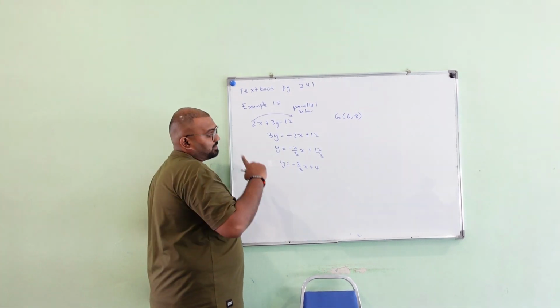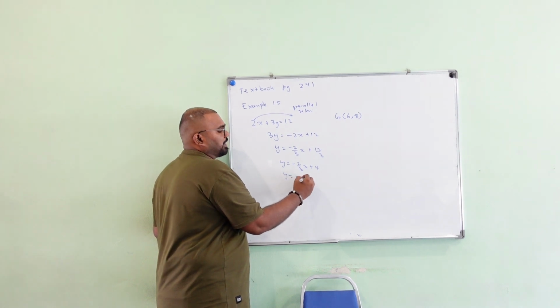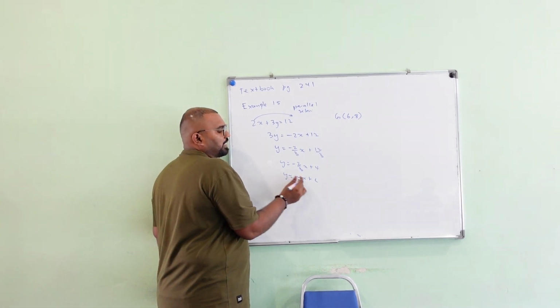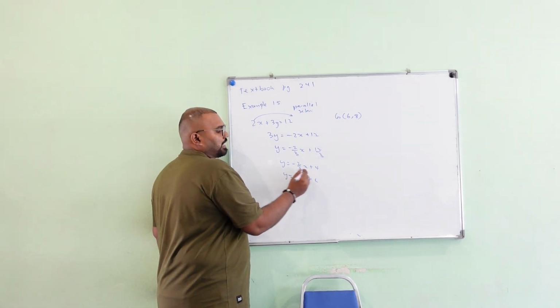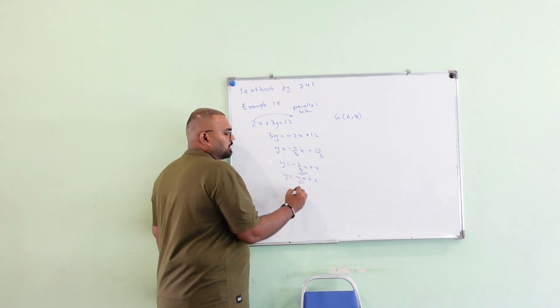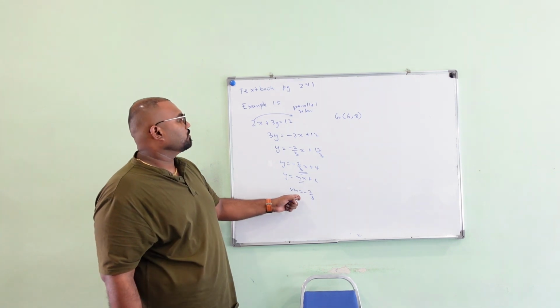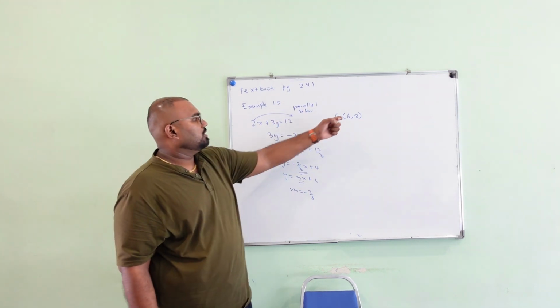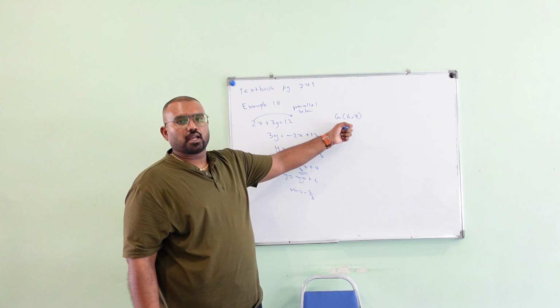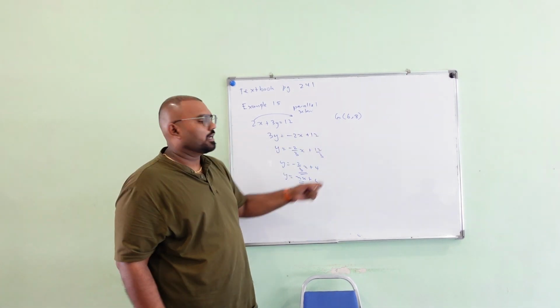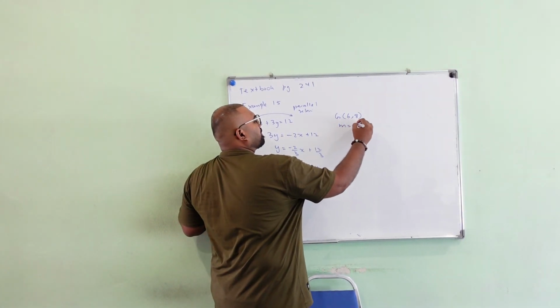Negative 2 over 3. Like just now, y equal to mx plus c. Who lekat dengan x is called m. So this m is negative 2 over 3. So when this m is negative 2 over 3 and it is parallel, so this m also should be negative 2 over 3. Clear? So here the gradient m is negative 2 over 3.